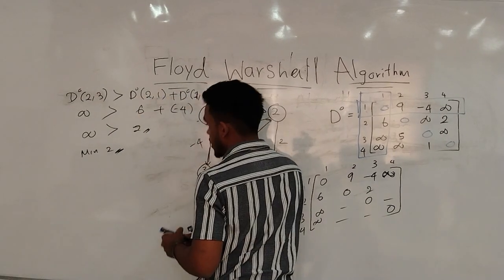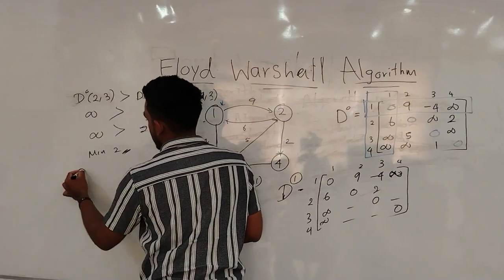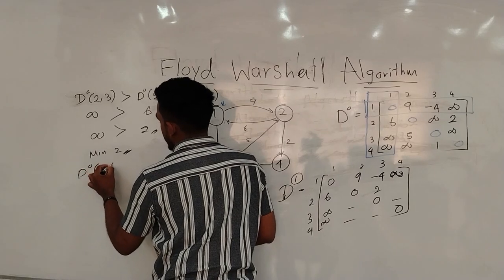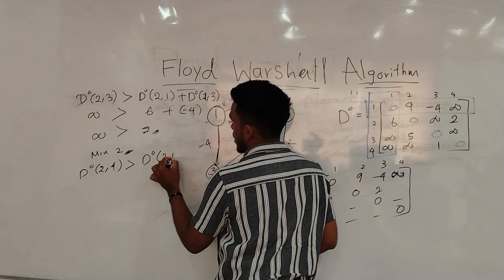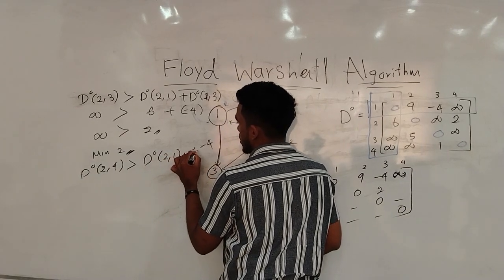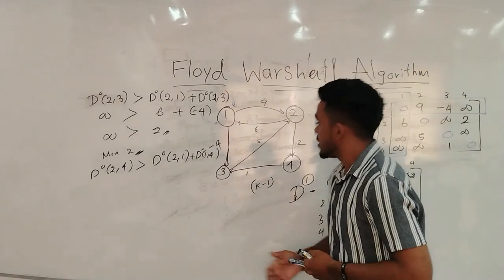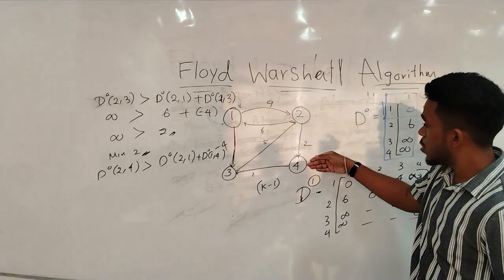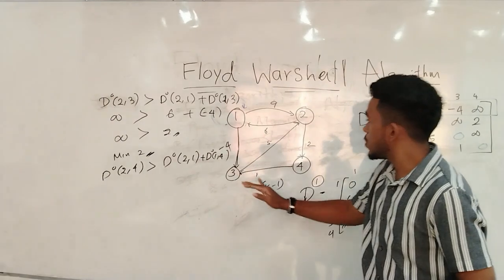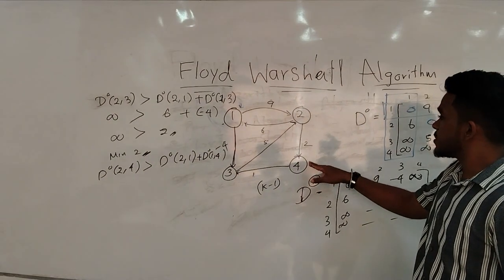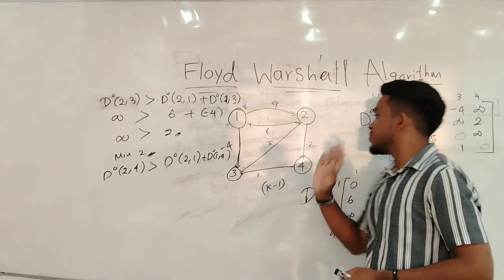How do we mark it? D naught 2 to 4 greater than D naught 2 to 1 plus D naught 1 to 4. So we need to go from 2 to 4 through 1, that is 2 to 1 and 1 to 4. Though there is no path, we can use infinity.